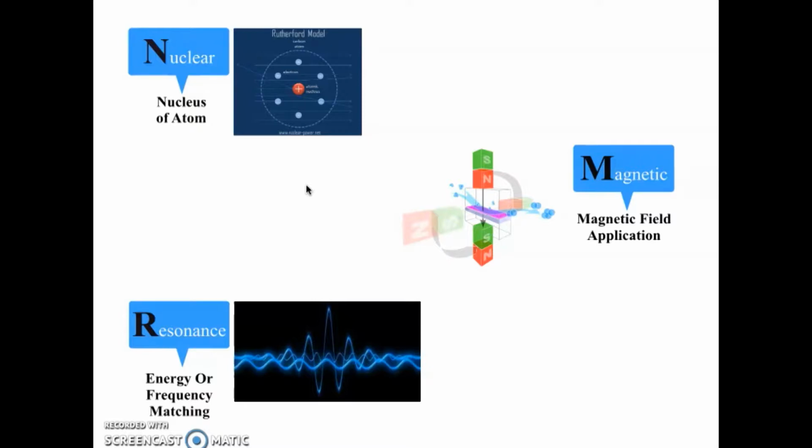And the word resonance, this is not the resonance we have studied till now in organic chemistry, I mean the canonical structures of the aromatic rings. When we can supply the exact particular energy required to excite from one energy level to the other, like in the other spectroscopic methods, then it is said to be in resonance.